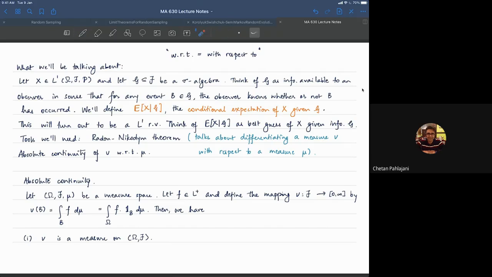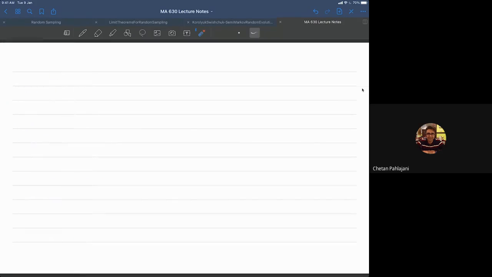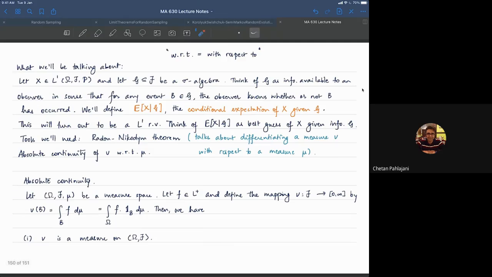Okay, remember here f is non-negative measurable, and I'm defining nu of a set to be the integral over that set of f with respect to mu. F is non-negative measurable. You have shown this at some point in this lifetime or a previous one. You have shown that nu is a measure on omega, F. I will not prove this again. A second thing you have seen is the following.